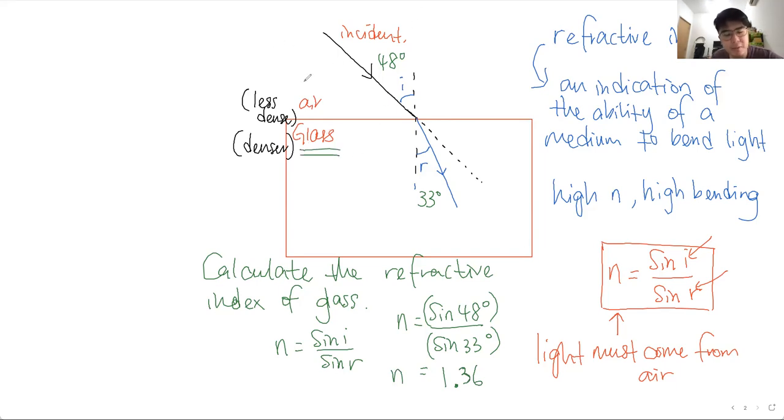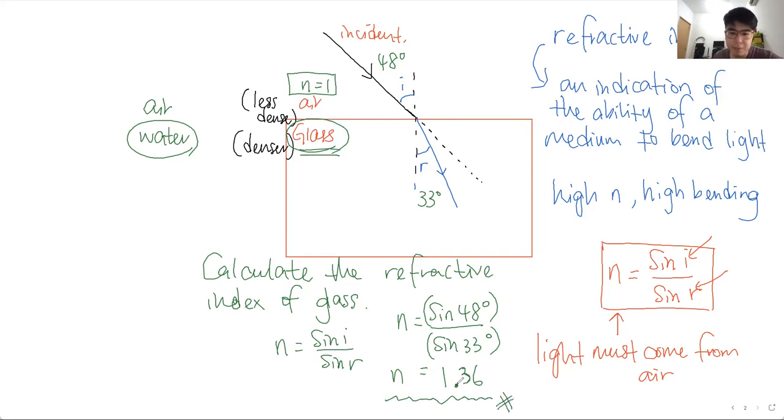The refractive index of air is always 1. So every time we calculate, we are calculating the other medium, not air. If air and water, then we are calculating the refractive index of water. If air and glass, then we are calculating the refractive index of glass. Because air is already always 1. So n equals 1.36 is your answer.